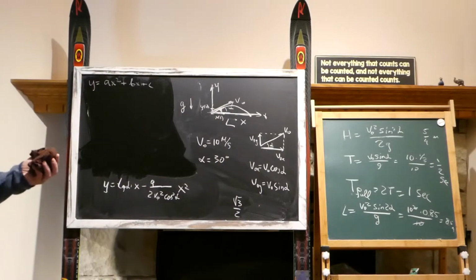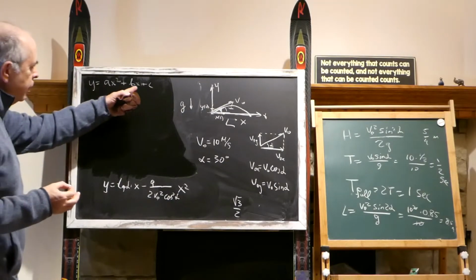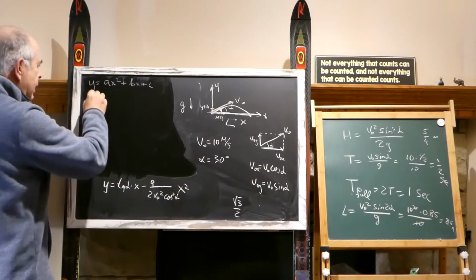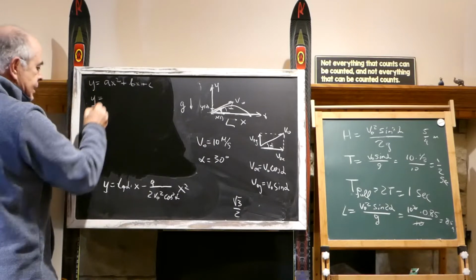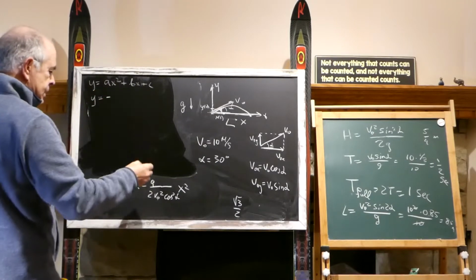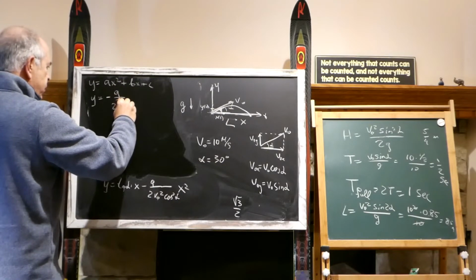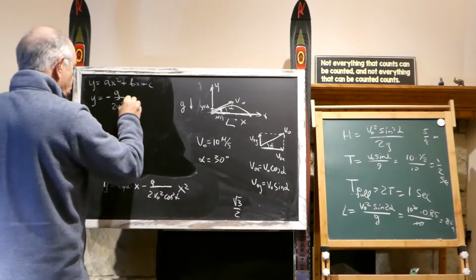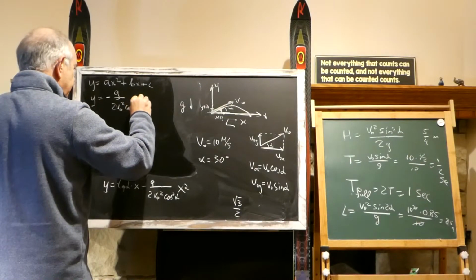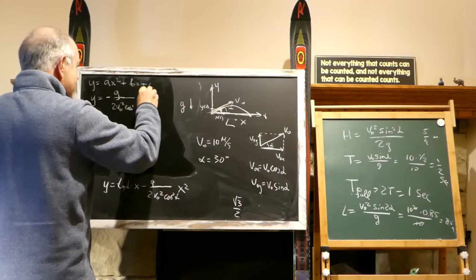This is a canonic function, polynomial of second degree, and I immediately see it here. I see that this is minus g divided by 2 v0 squared cosine squared alpha times x squared.